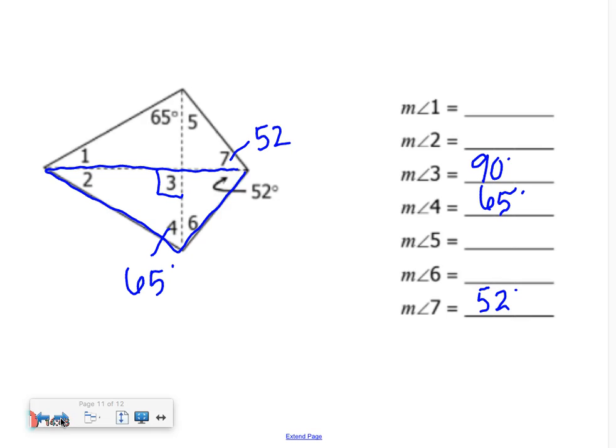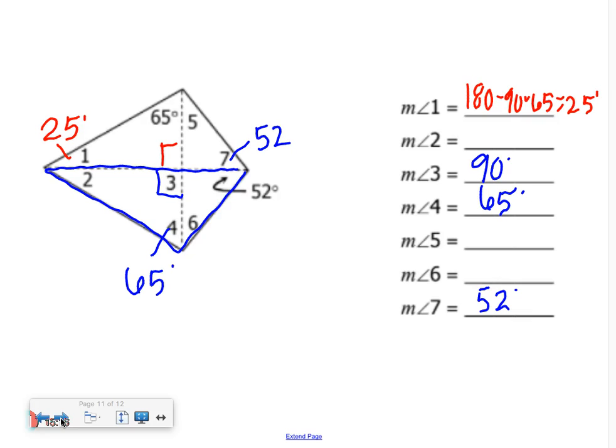Then do you see how you have a bunch of little triangles in there? So if I wanted to find 1, that's 90 degrees. So 180 minus 90 minus 65 will give me 1. 25. 1 is 25.